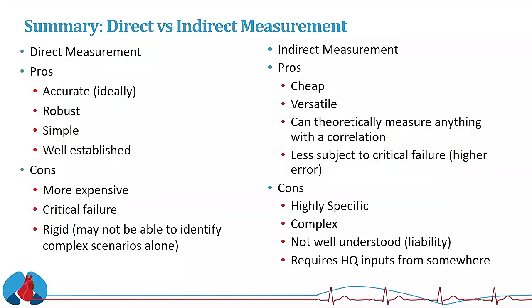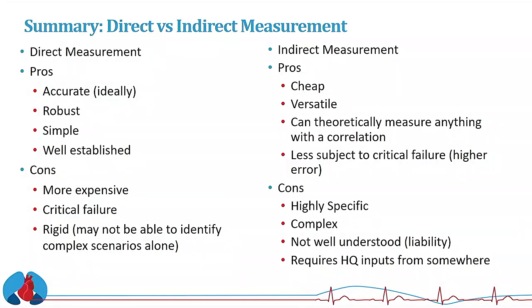So what's bad about indirect measurement? They're highly specific. We talked about how they are only able to deal with certain events, and when something unexpected comes along, they can't deal with it. They are usually very complex, almost to a fault, and the doctors may or may not be interested in adapting them clinically. They're not really that well understood in terms of regulation and liability.